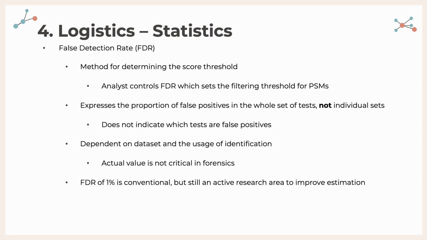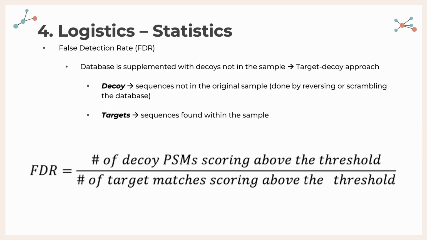Another thing important to note, I know I keep saying that things are important to note, but 1% is conventional for an FDR. So you want an FDR of about 1%, but there's obviously still research going on to improve the estimation tactics and methods of estimation for the false detection rate.